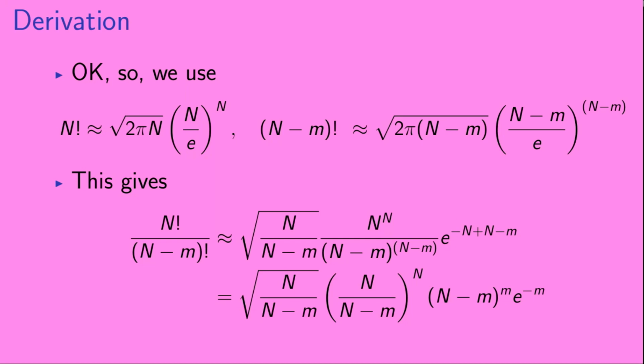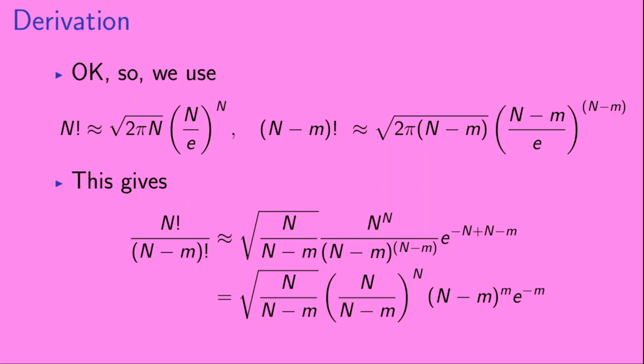Okay, now that's times a factor of n to the n over n minus m raised to the power of n minus m. And then we have some factors of e. So from the n factorial, we get e to the minus n, and from the n minus m factorial, we get e to the n minus m. Okay, now let's simplify that slightly. First of all, that exponent at the end just simplifies down to e to the minus m.